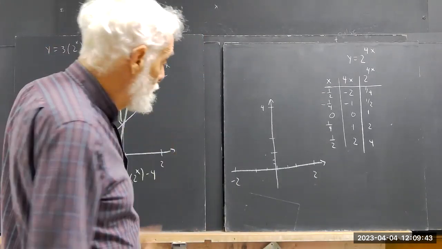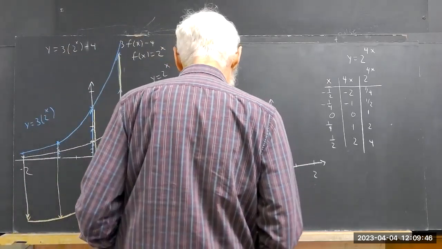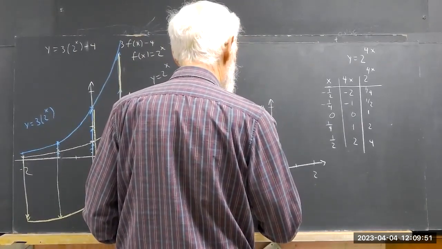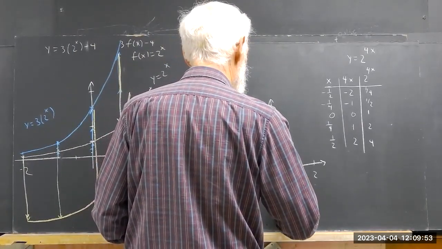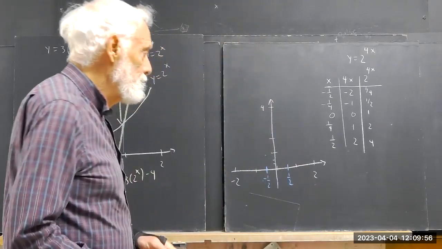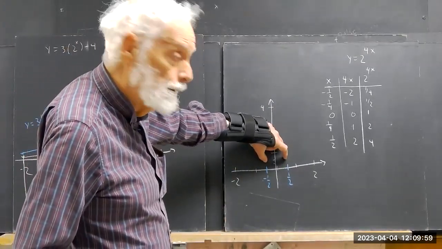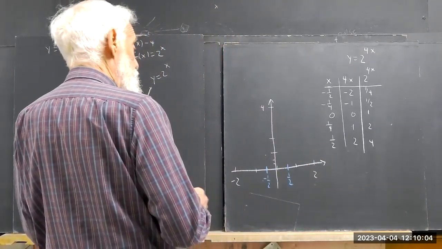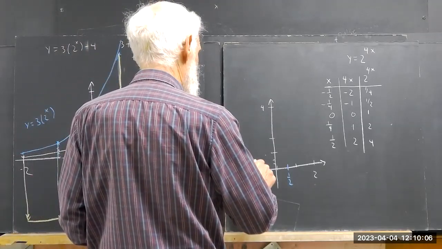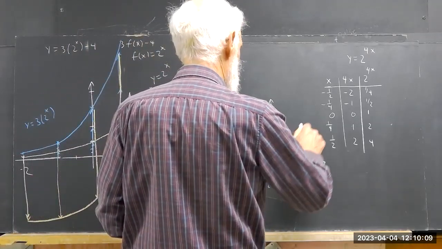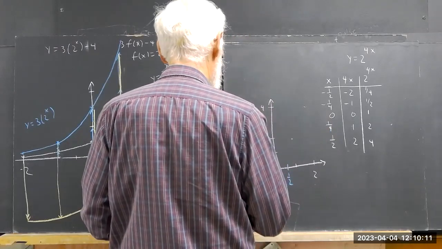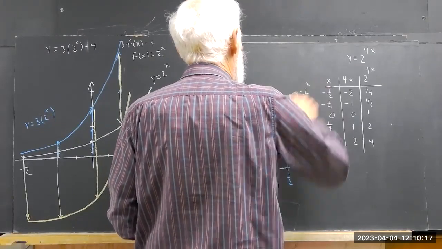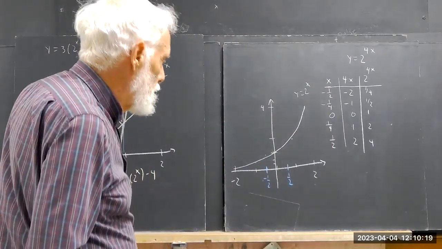So our x values are all between -1/2 and 1/2. That means the whole graph is going to fit between here and here, whereas the original 2 to the x graph is between here and here.